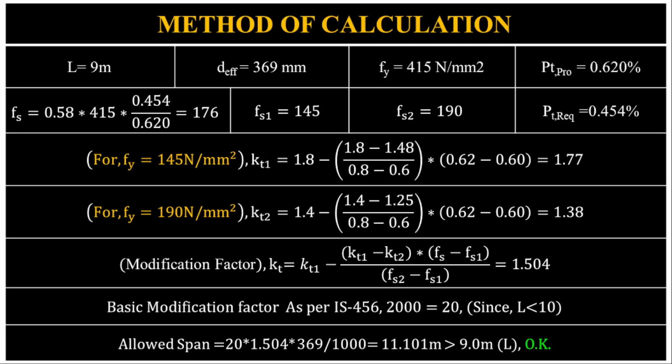Next, we calculate the expected service stress in the steel, Fs, using the formula 0.58 multiplied by Fy multiplied by Pt req divided by Pt pro. This gives us a calculated Fs value of 176 Newton per square millimeter.